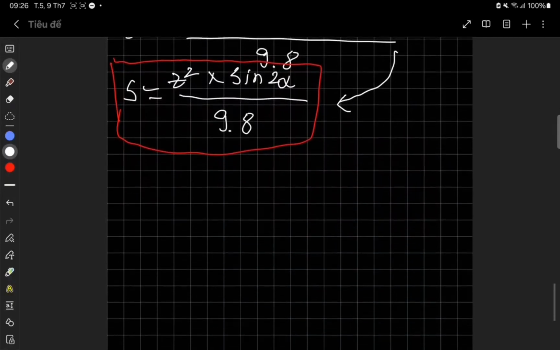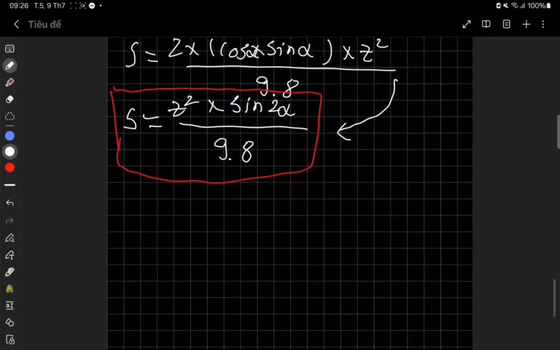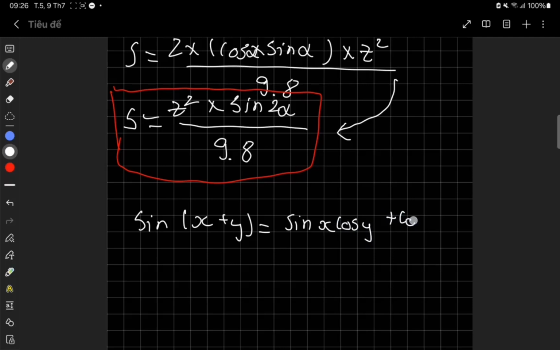So basically this is the trigonometry identity. You just kind of have to know this, right?